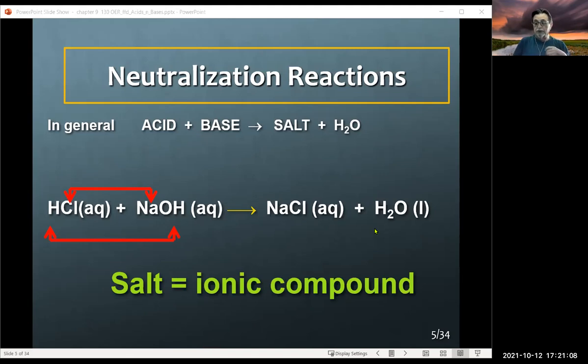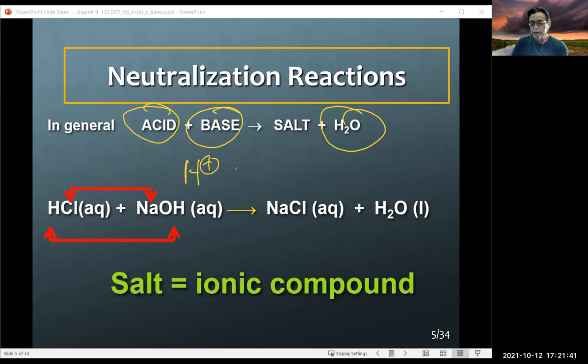In my stomach, I carry hydrochloric acid. So by chewing an antacid, I have a base. And then it reacts with the acid in my stomach to kind of reduce the concentration of the acidity, okay? Now, here's the thing about a neutralization reaction. When you react any acid and any base, you always get water. So here's the thing.